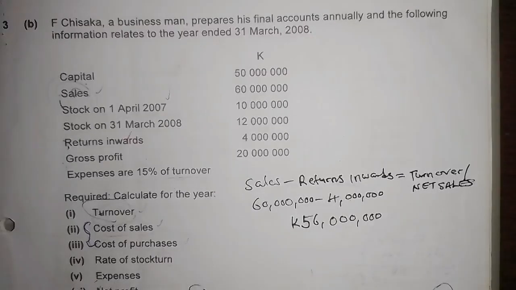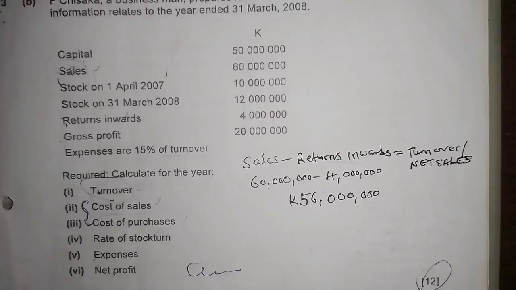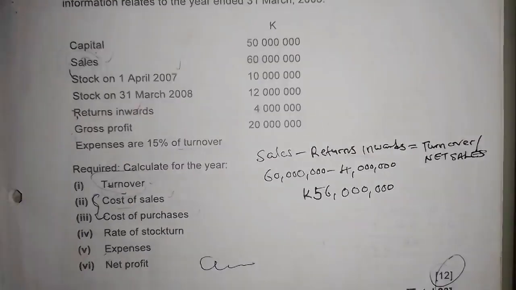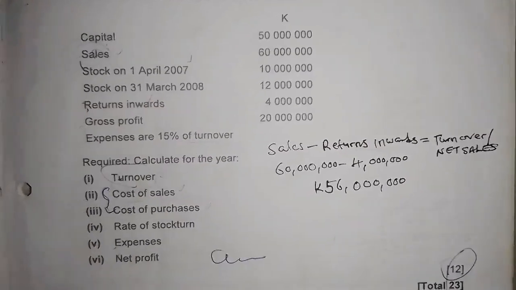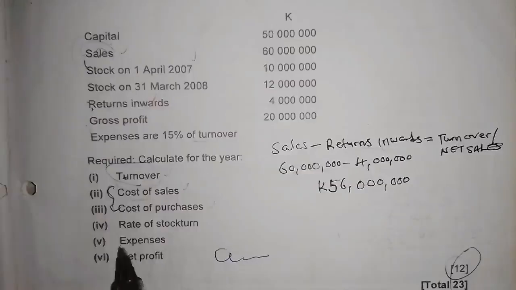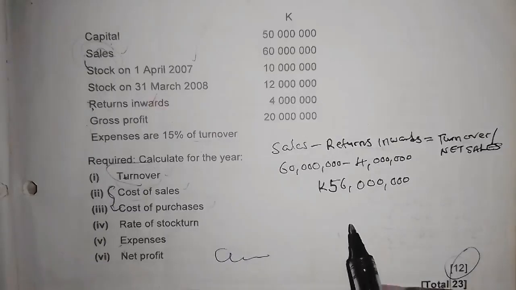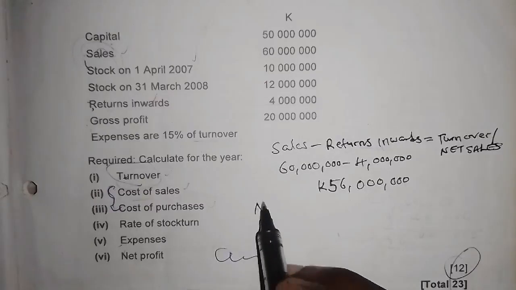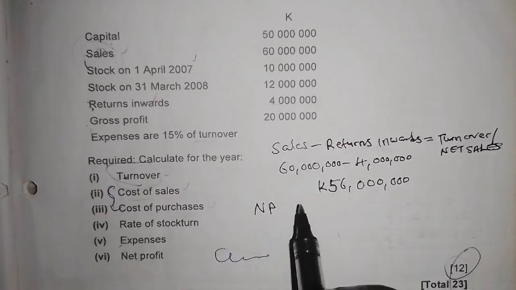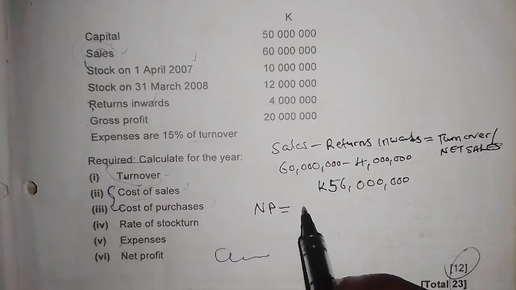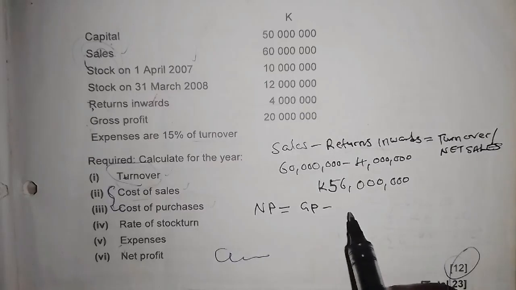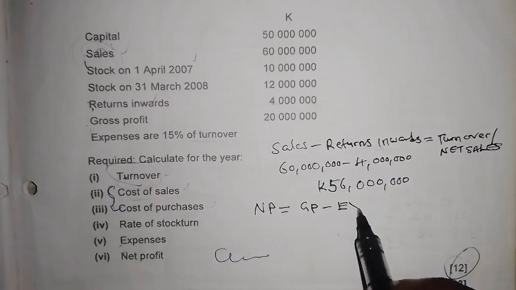Okay. So now, the way you solve this kind of question is that you have to be very careful, because you don't follow the order in which they have been asked. From that point onward, when you look at net profit, let's call it NP, it is normally equal to GP minus the expenses.